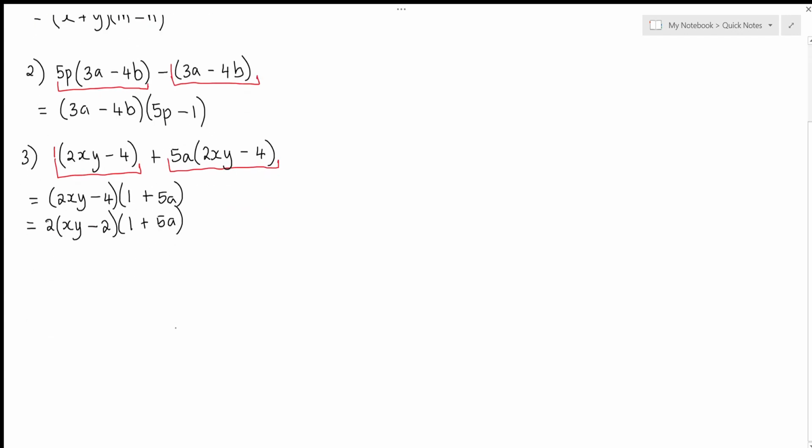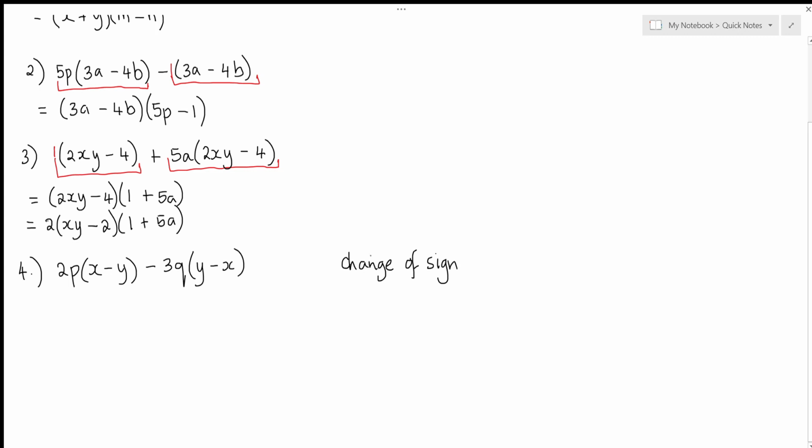Okay, let's look at another example. Number 4. We have 2p(x minus y) minus 3q(y minus x). Now, this is slightly more complicated. We call this change of sign, because what I want you to take note of here is that we have a positive x, and here we have a negative x.